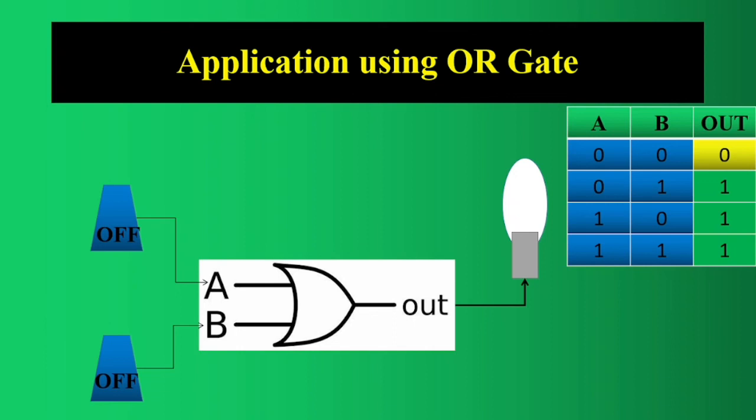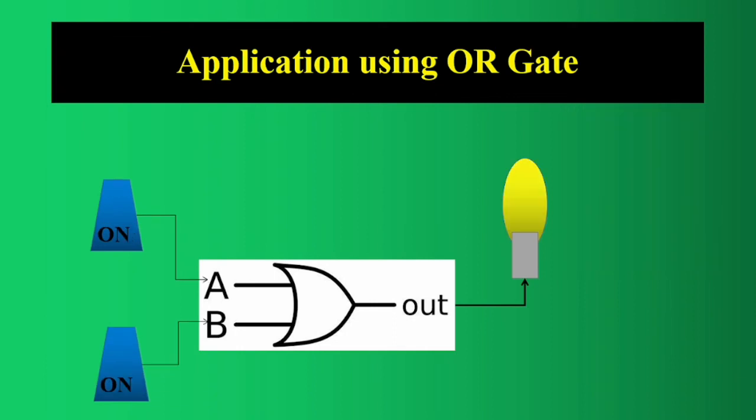Now let us go to another condition. See here, now the two inputs are in on condition. We know in OR logic, if any one input is on, the output will be on. So now the lamp is glowing.